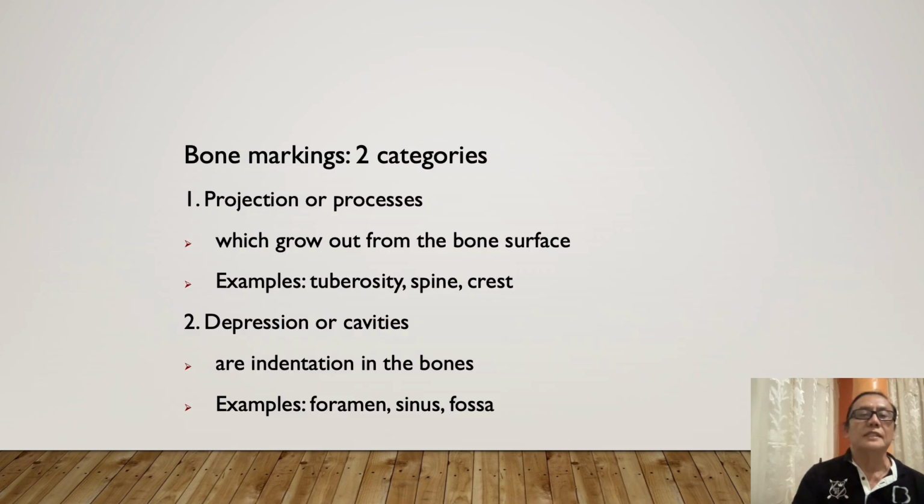Then we have bone markings. Bone markings come in two categories, the projections or processes. Those that grow out, meaning they stick out of the bone, have specific names: tuberosity, tubercle, crest, or malleolus. Then the depressions or indentations are hollow areas, openings, or deep areas. Examples are the foramen, the sinus, and the fossa.